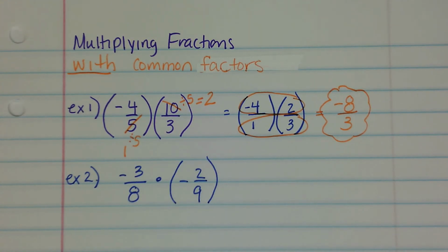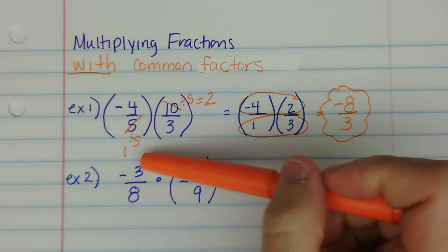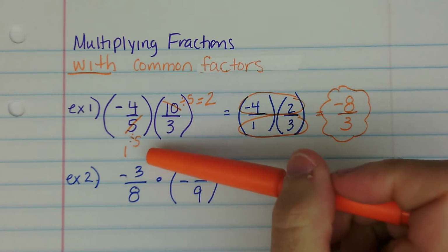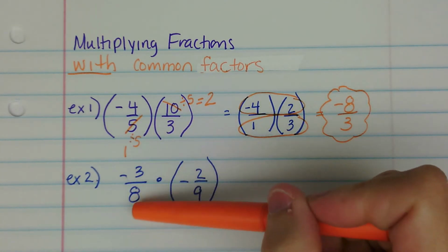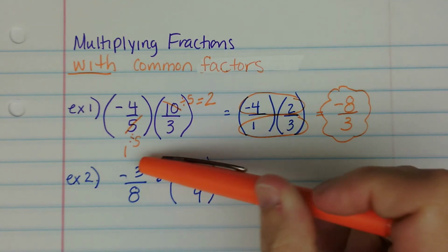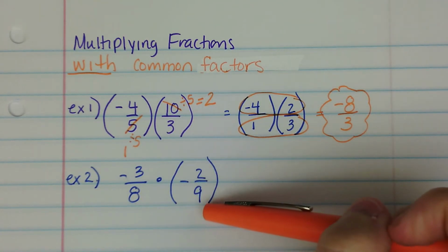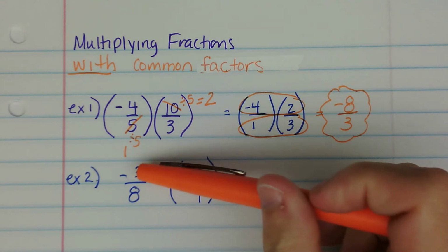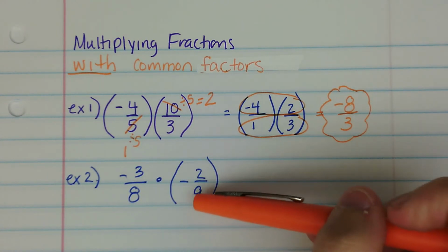The next thing that we're going to do is take a look at common factors. So what we're looking for is, do you see the 3 here? Does the 3 have anything that can divide into it or is a common factor of? And the answer is yes. 3 and 9 have a common factor of 3. I can divide the 3 by 3 and also the 9 by 3.